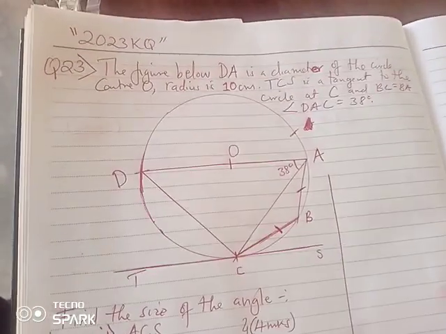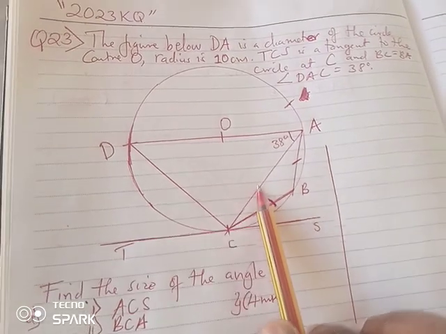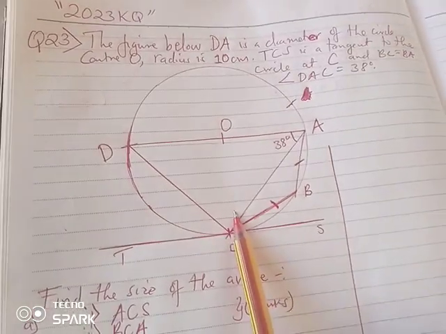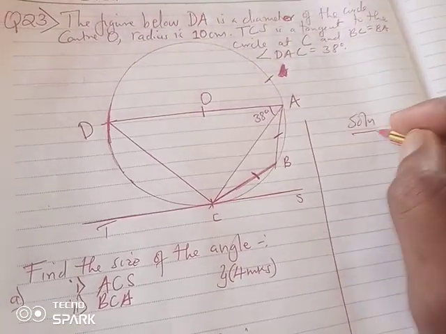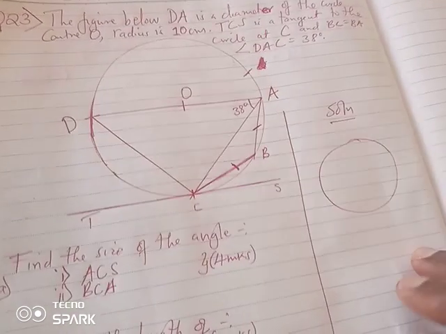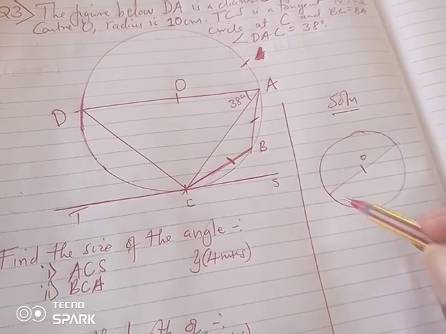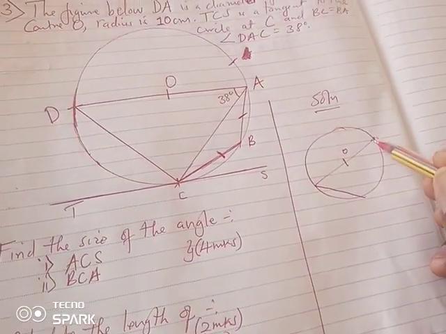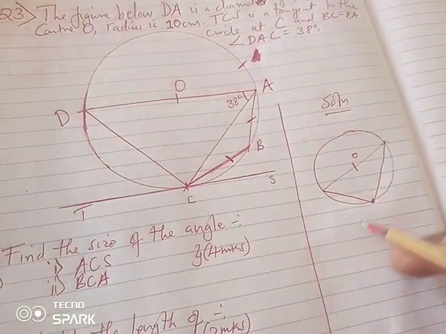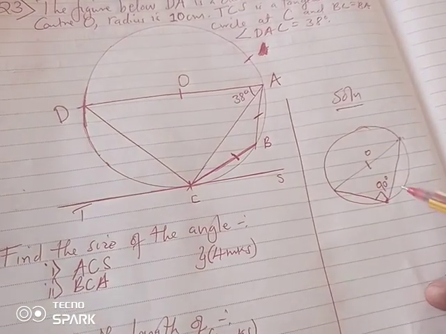So let's see. The concepts of angle properties of a circle, here they are, and we need to employ them. The first rule we all know: given a diameter, center O, any angle that is subtended by the diameter on the circumference is always 90 degrees.